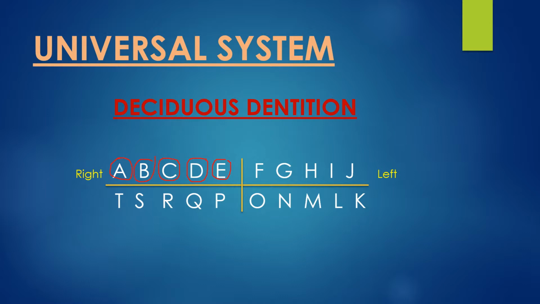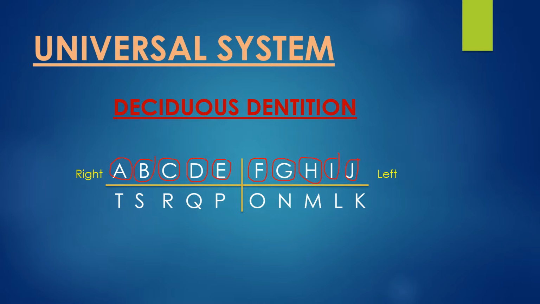In the same way, F represents upper left central incisor, G denotes upper left lateral incisor, H denotes upper left canine, I denotes upper left first molar, and J denotes upper left second molar.